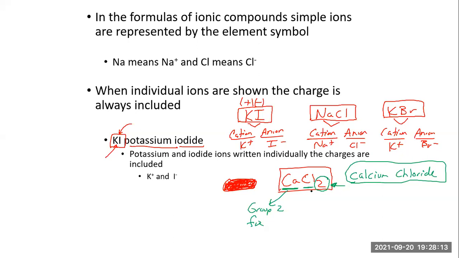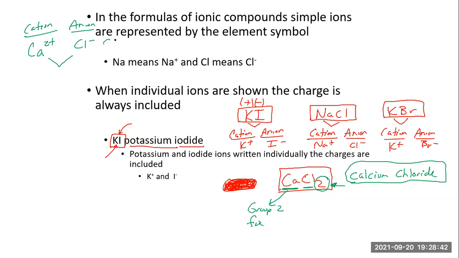Why do we have the 2 there? Well, if we look at calcium, which is group 2, the cation in this case is calcium with a +2. The anion is actually group 7, which is chlorine or chloride, which is Cl minus. So if we were to put these guys together exactly like this, we have +2 and only -1, and that's not going to balance out the charge to 0.